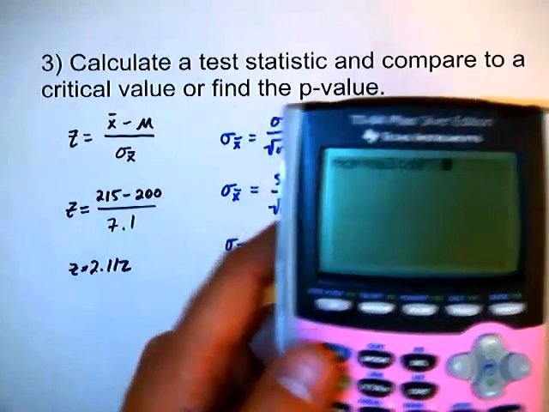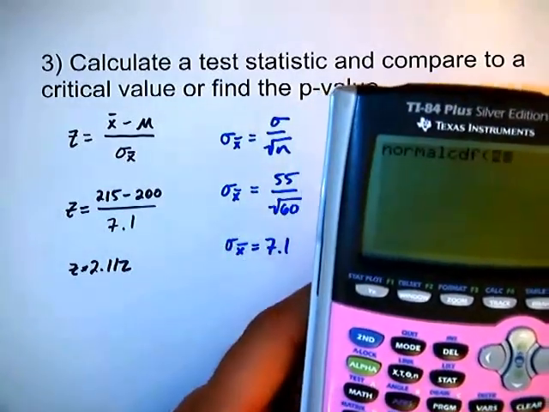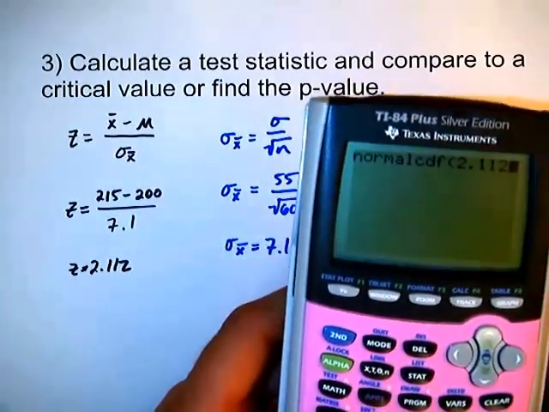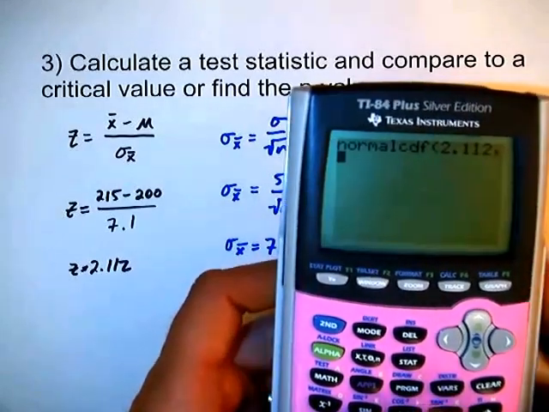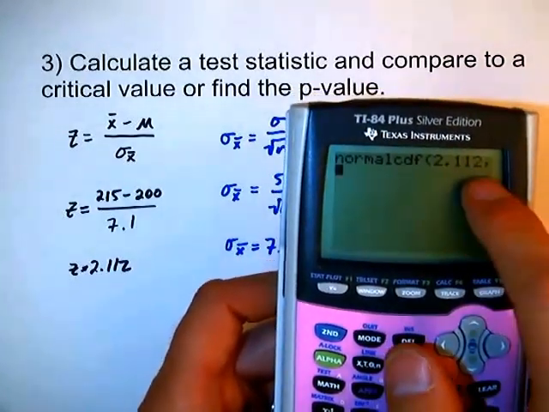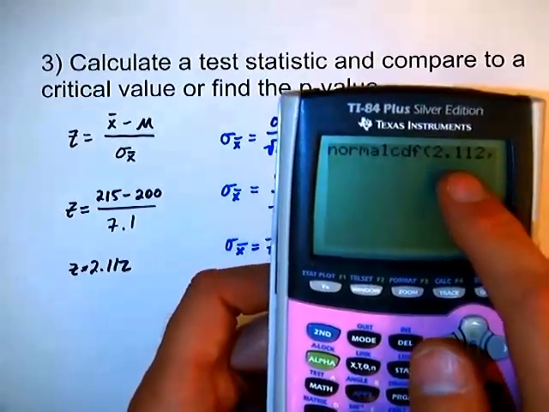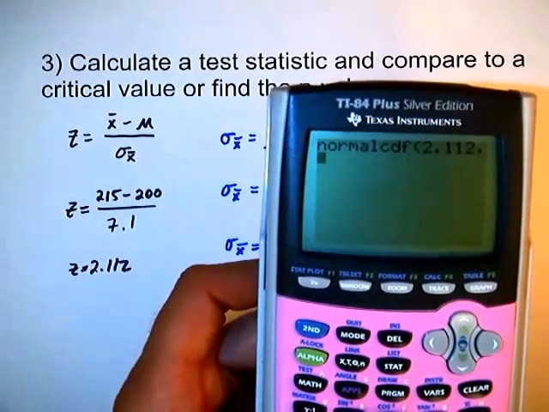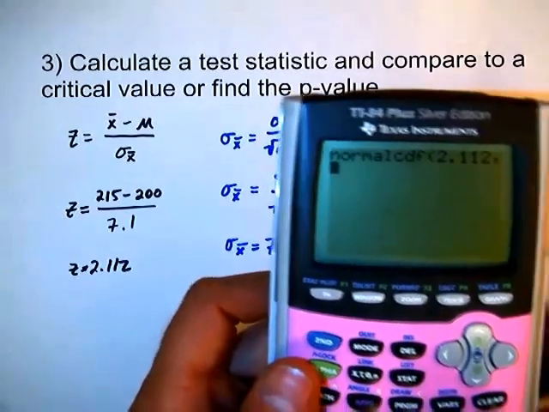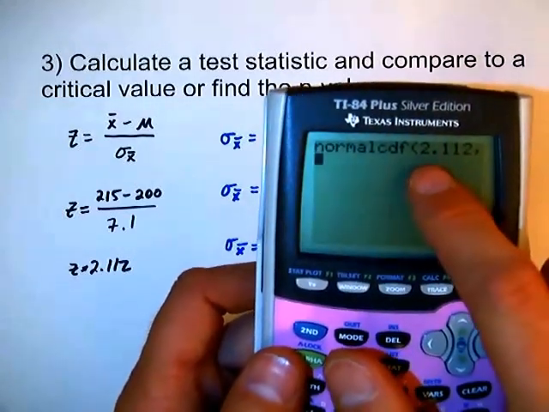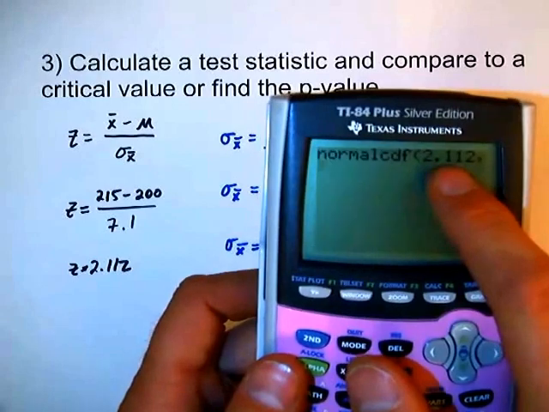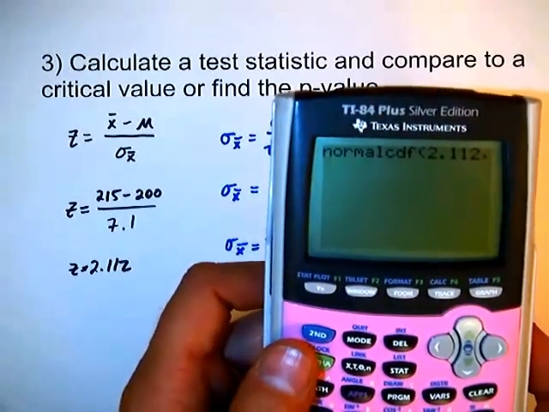So what I'm going to do on my calculator is use a function called Normalcdf. Now Normalcdf, it takes arguments. The first argument is my left-hand boundary. Now the normal curve is theoretically an infinite distribution. So I want the area between 2.112 and infinity.